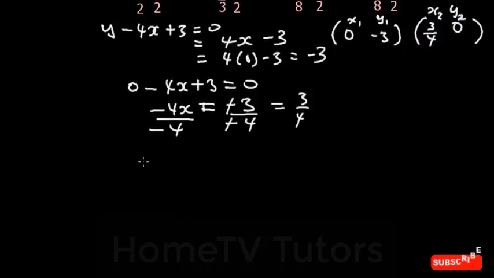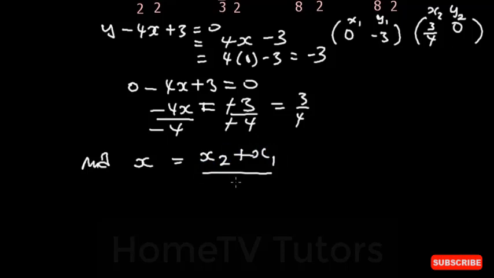The midpoint at x is equal to x2 plus x1, to be divided by 2. Okay, so x2 is 3 over 4 plus x1, which is 0, to be divided by 2.